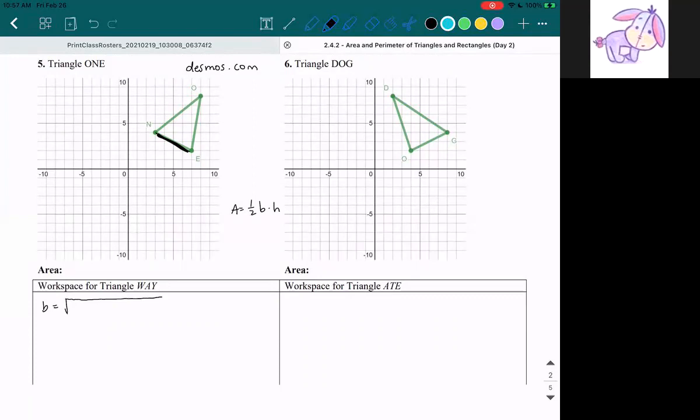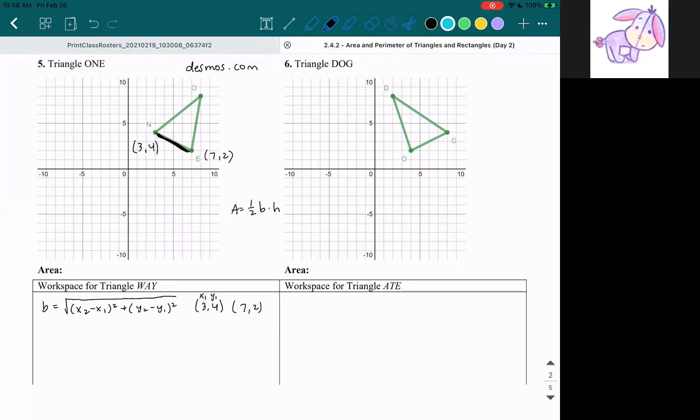Let me actually write out these 2 points. This is (3, 4), and this one is (7, 2). Okay, so our distance formula is the square root of (x2 minus x1) squared plus (y2 minus y1) squared, and then our 2 points are (3, 4) and (7, 2), this one being x1 and y1 because it's part of your first point.